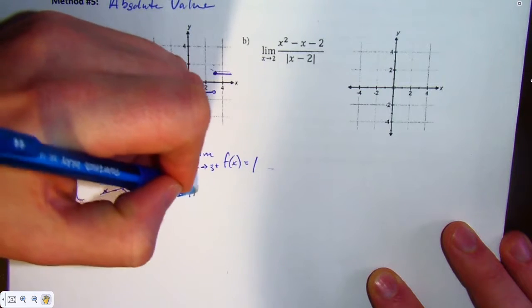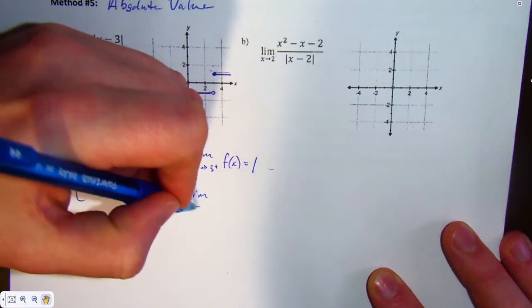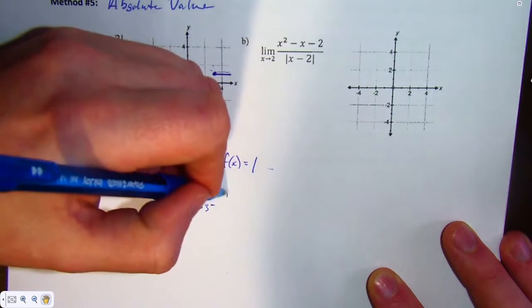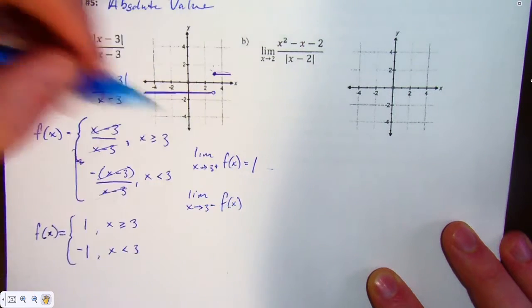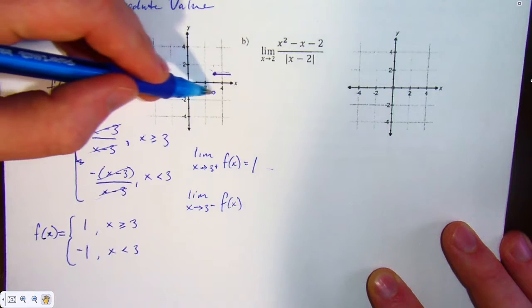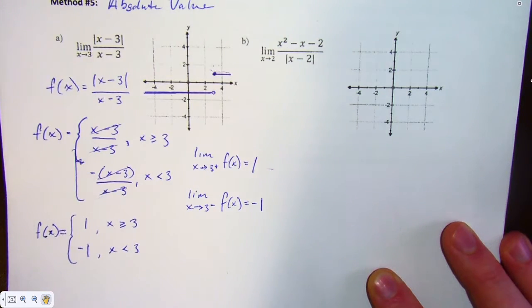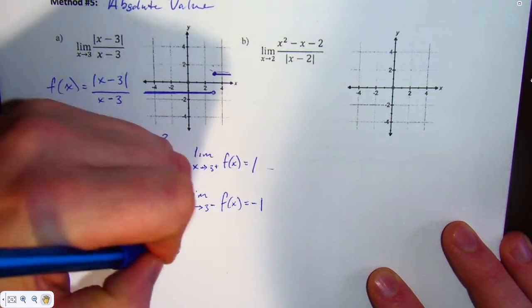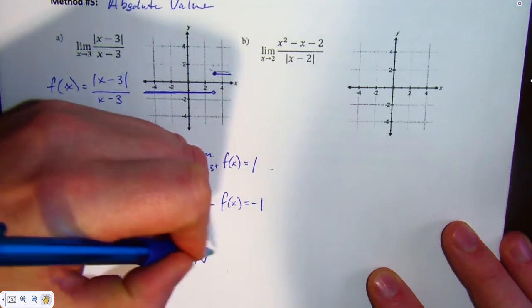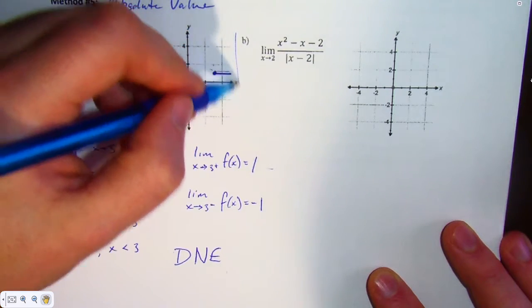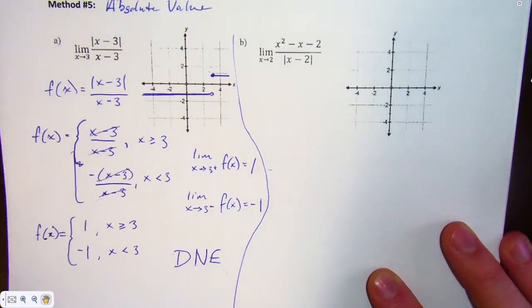Now the limit as x approaches 3 from the left side, so we're coming in from this way, is going to be negative 1. Because those two limits, the left side and the right side, don't equal, this is a limit that does not exist. So we can just write DNE, and we are good. That's all you have to do, because there is no answer.